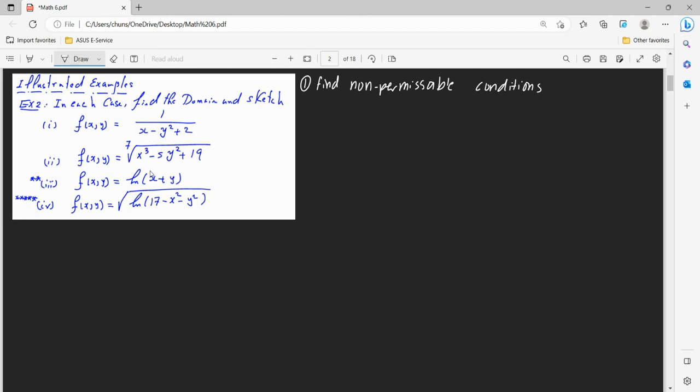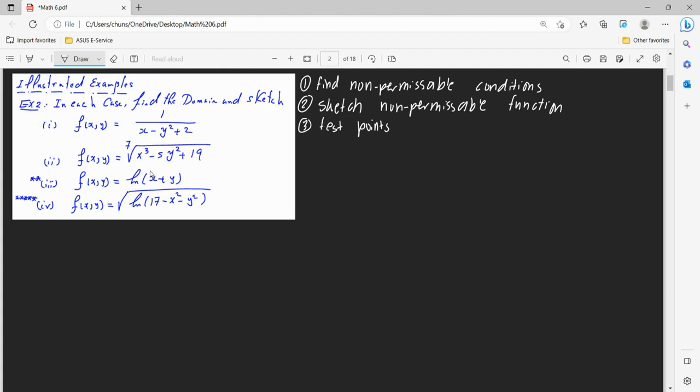Then sketch the non-permissible function, and then use your test points to find which part of the graph you should shade in.